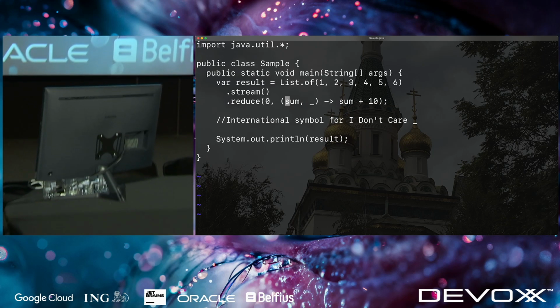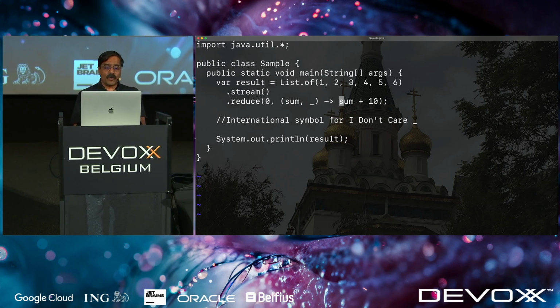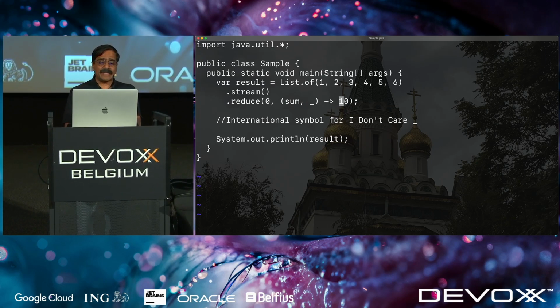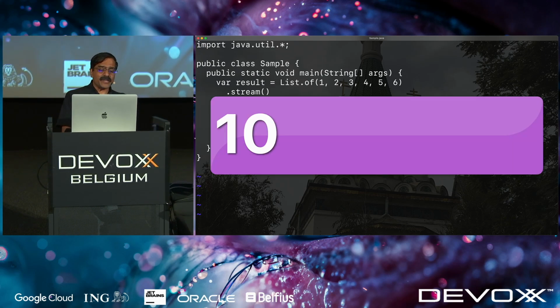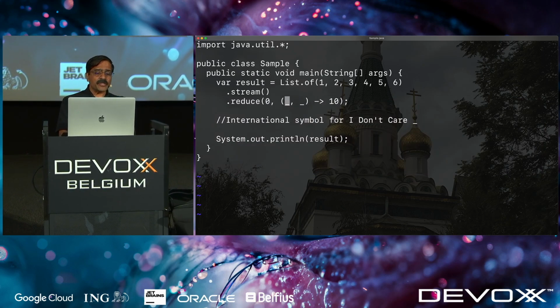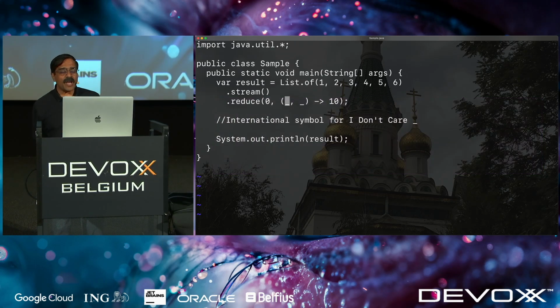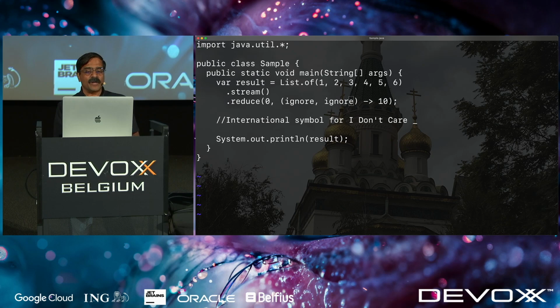Now, similarly, in this case, if you go back to this, I'm going to just return a 10, and I'm not even using the sum right now. And I'm of the philosophy, if something is cool, use it more often, right? So why not? You can use underscore multiple times as well. You couldn't have done that before. If I said ignore, and if I said ignore, guess what?